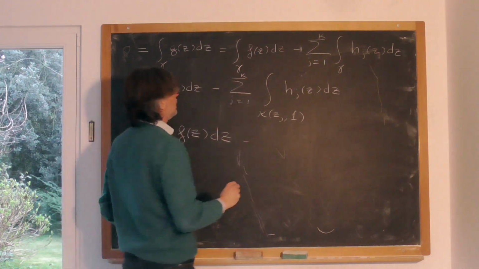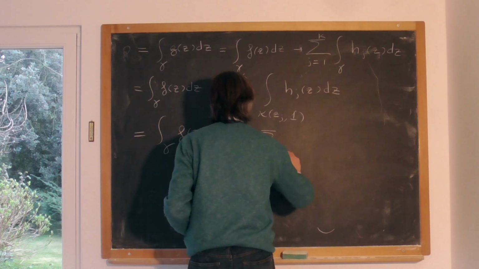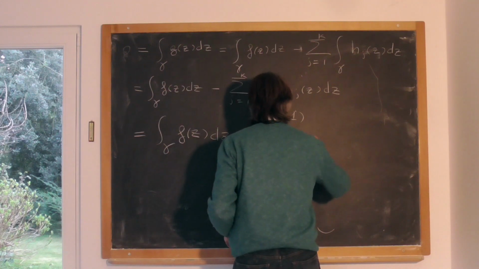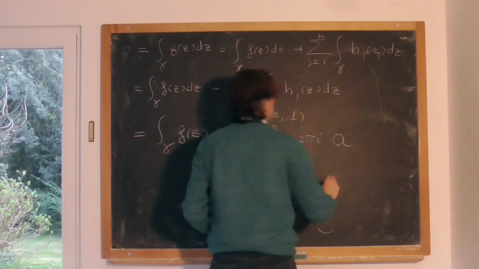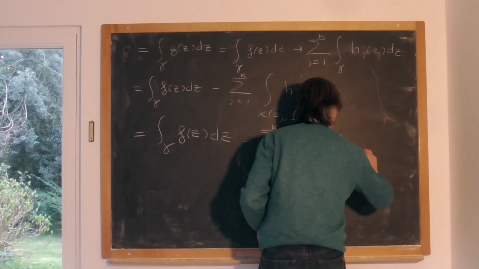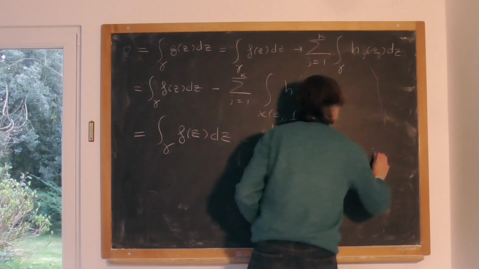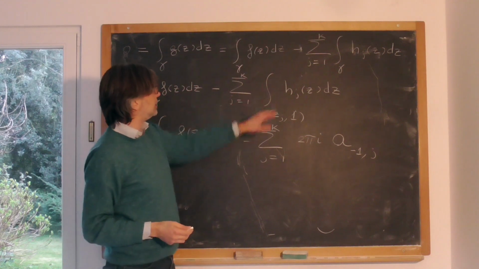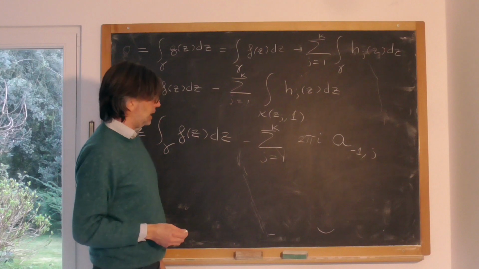So this integral is just, so here we still have a sum j from 1 to k, 2 pi times this number a minus 1, the coefficient minus 1 of the Laurent series. I put a j because this is the Laurent series corresponding to the singularity Zj.